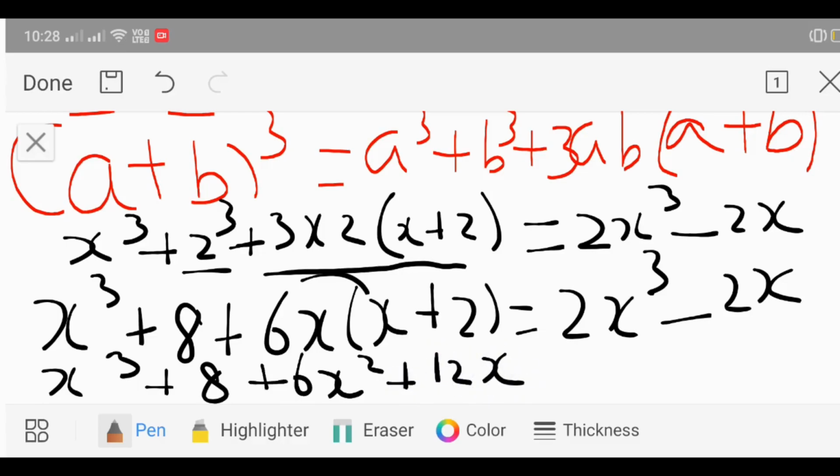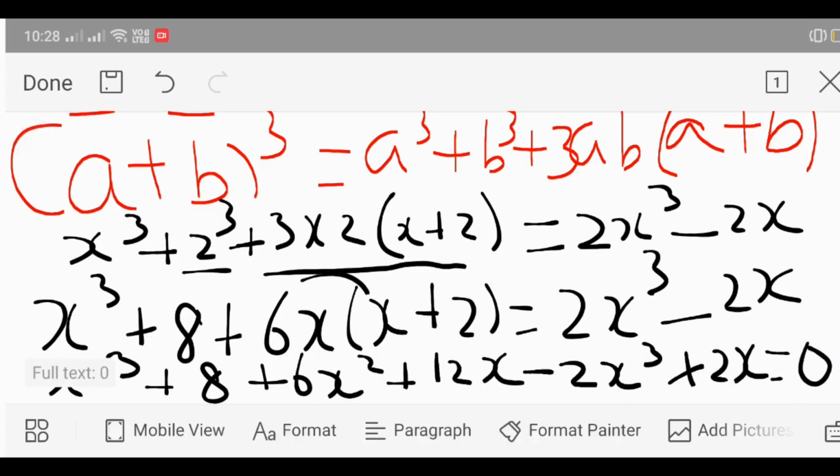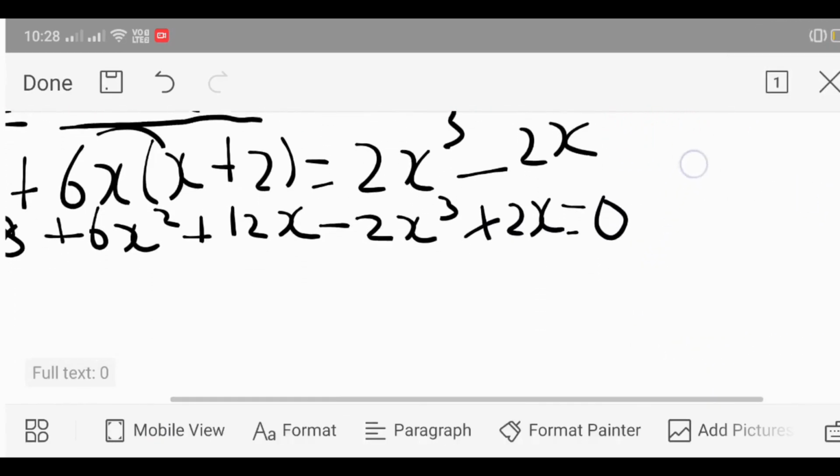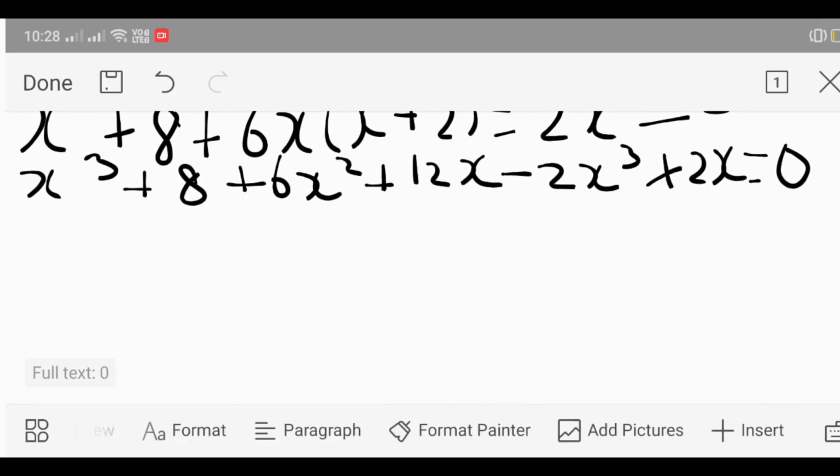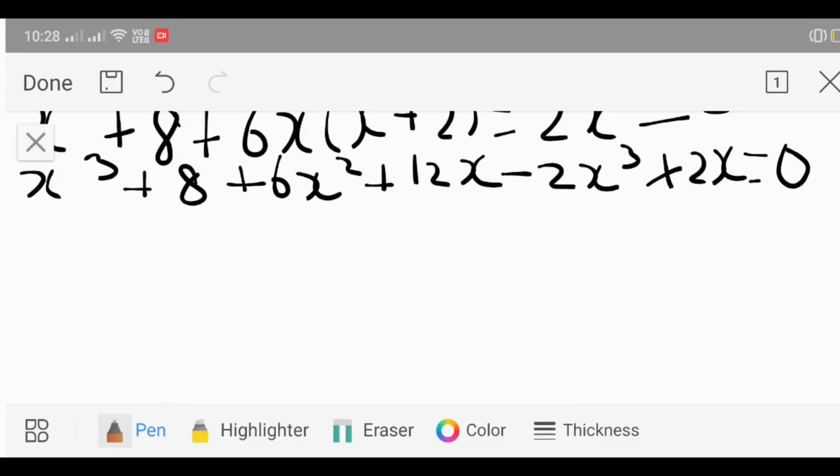Now I am going to bring the left side value to the other side. So this is minus 2x³ plus 2x equal to 0. Here we are going to do the simplifications. We have 1x³ and minus 2x³, so minus x³.